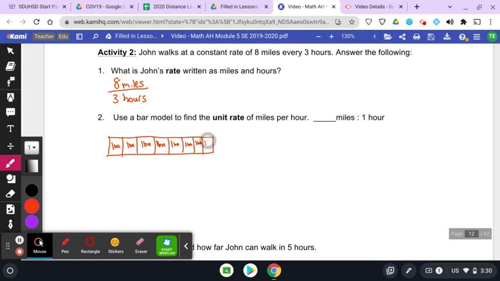Now we're typically not going to draw these out. This is just to give you a visual for the first part. And then we're going to start out with our hours or miles.